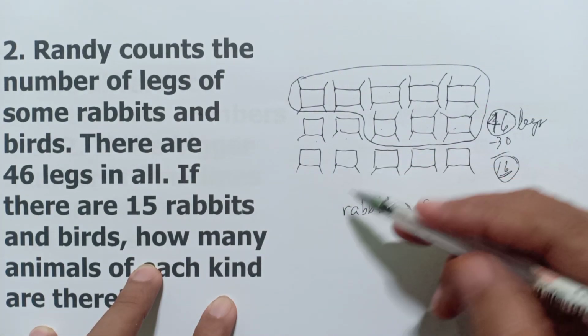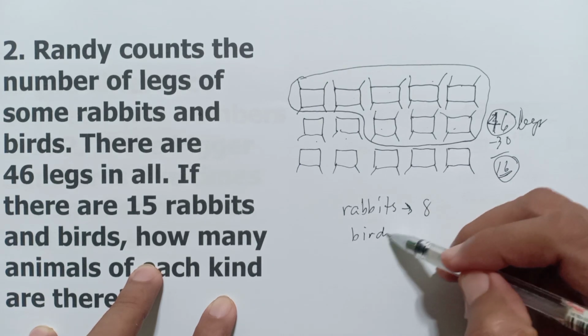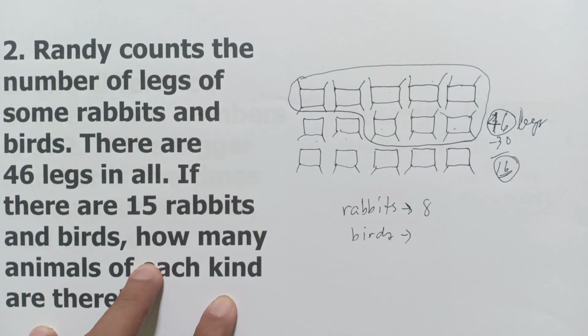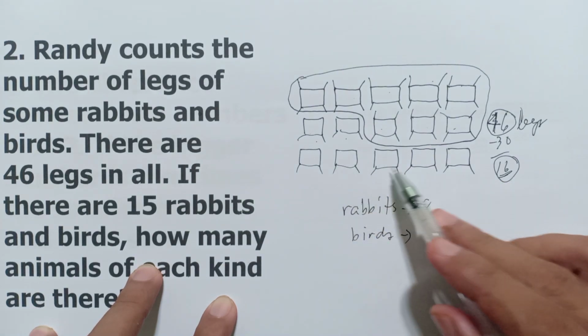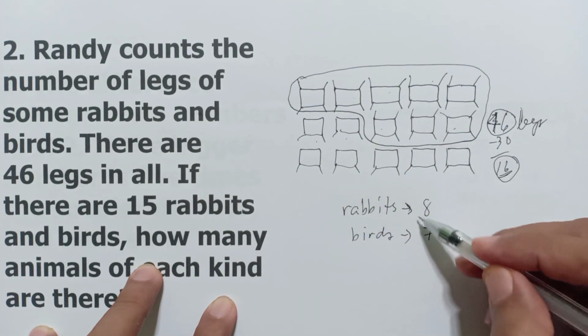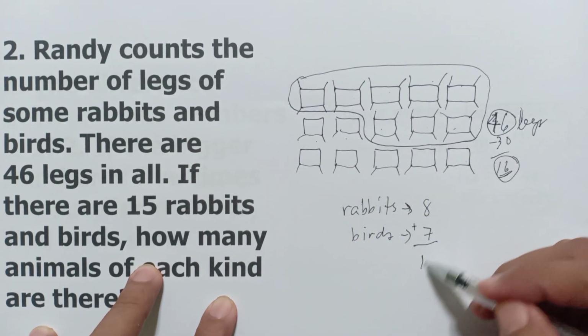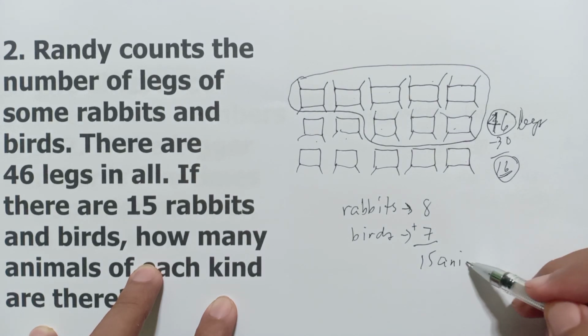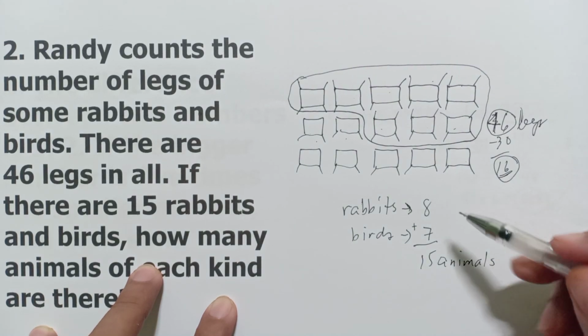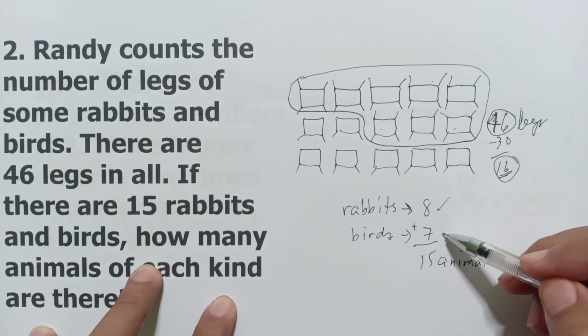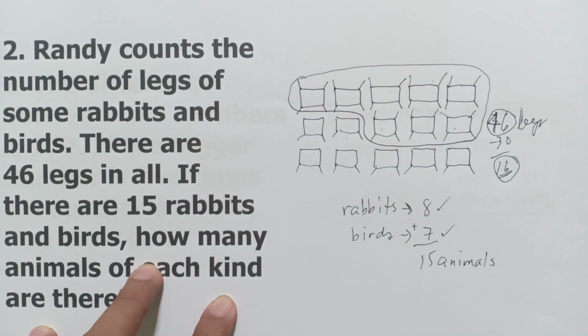All those with 2 legs are the birds. Let's count: 1, 2, 3, 4, 5, 6, 7 birds. If you add all, there are 15 animals, correct? So our answer is 8 rabbits and 7 birds.